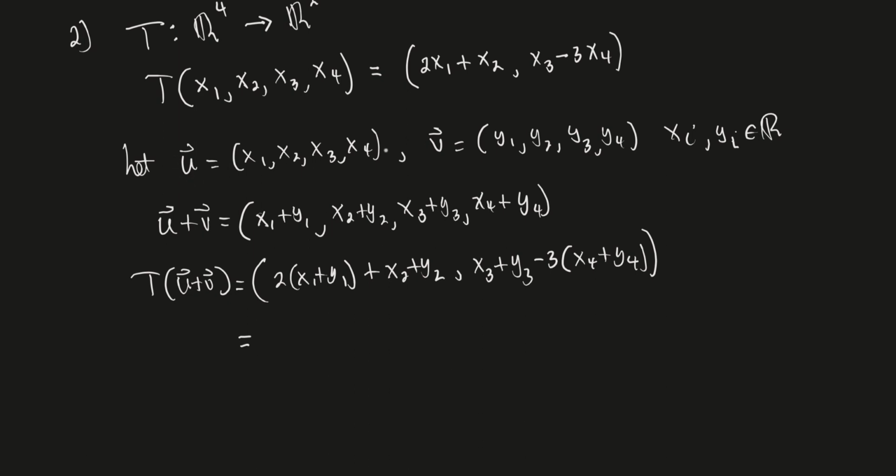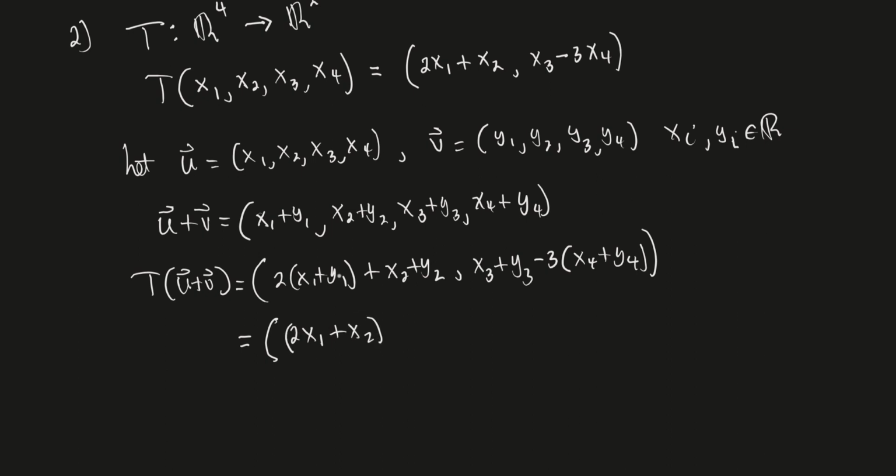Now, I could do T of u and then T of v separately and compare it to this, or look at what I could do. I could actually collect these terms. So I'm going to collect all the terms that have the x's. So I have 2x1 plus x2, and I'm going to group those.